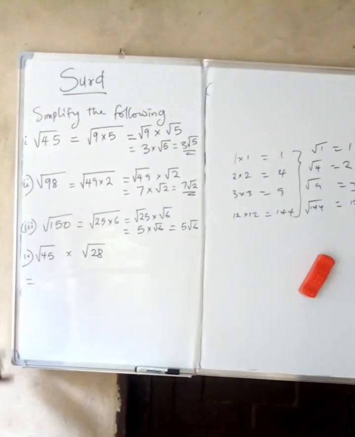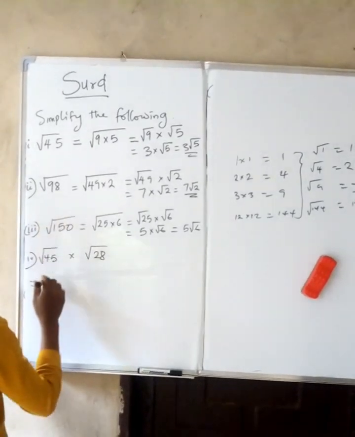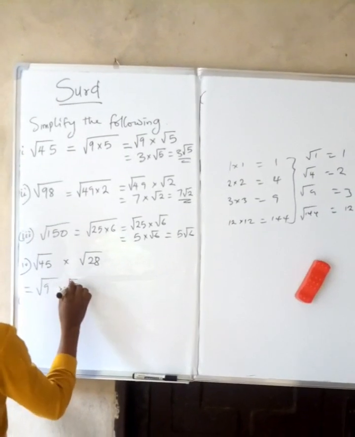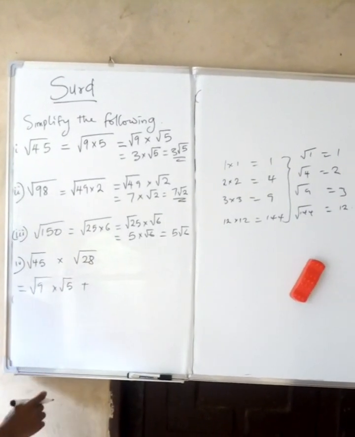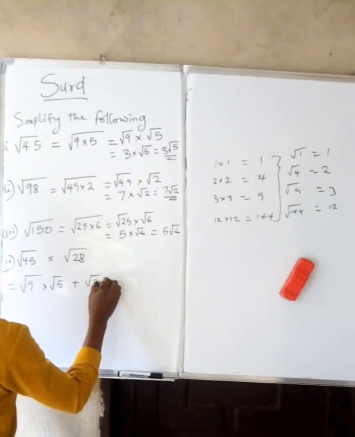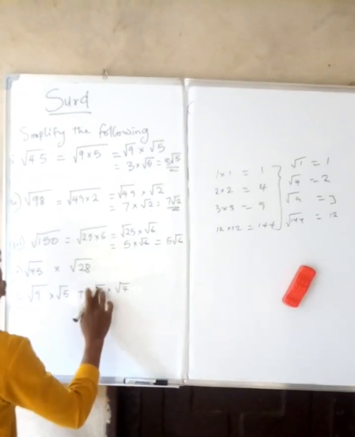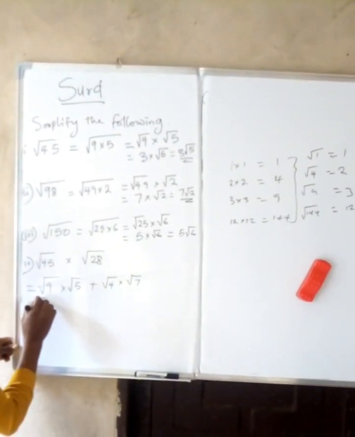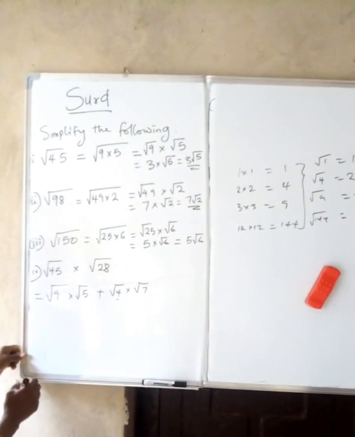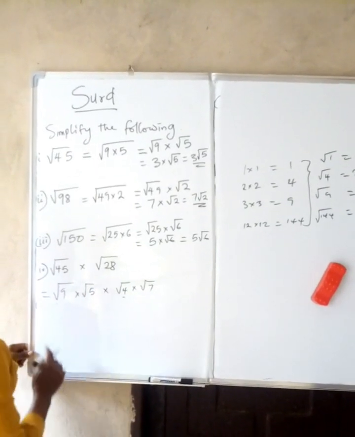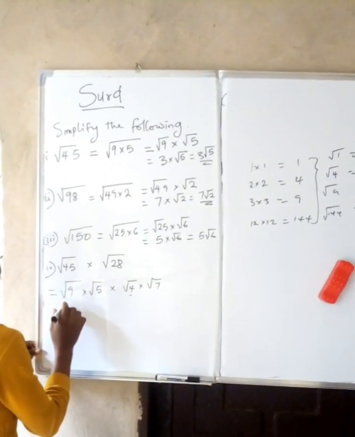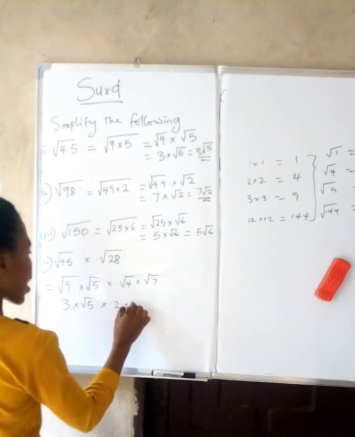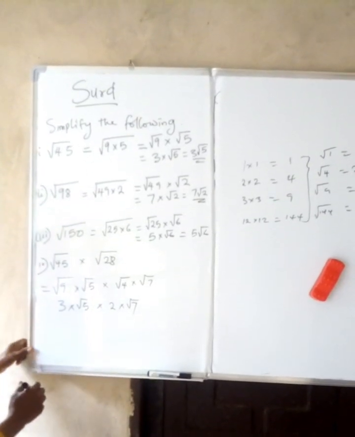Now coming to this, remember we have root 45 to be root 9 times root 5, times root 28. 28 is root 7 times root 4, or root 4 times 7. Looking at this, this is a perfect square, and this is a perfect square. Sorry, this is multiplication as well. Root 9 is 3 times root 5 times root 4 is 2 times root 7.